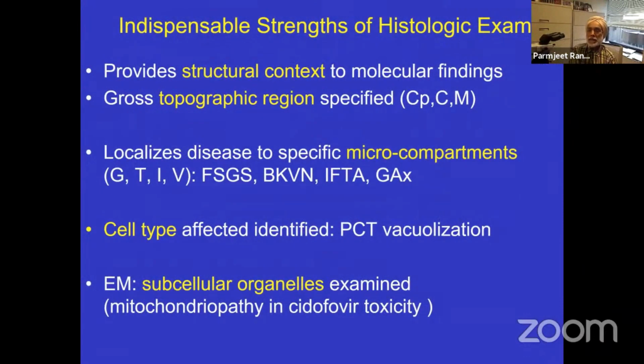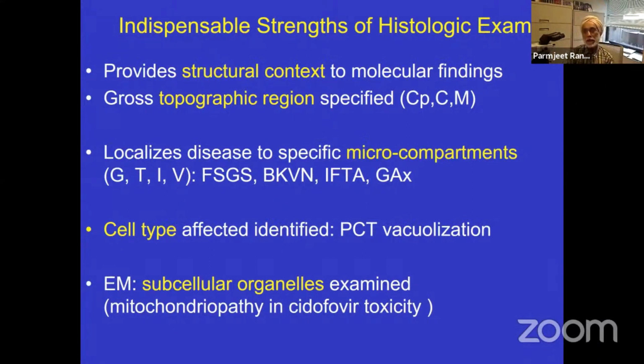There are some indispensable strengths of histologic examination, which we must always remember and be proud of, no matter what modern techniques are coming. It's histology which provides structural context to molecular findings. It can identify the gross topographical regions that are involved. Some diseases affect the cortex, like rejection.